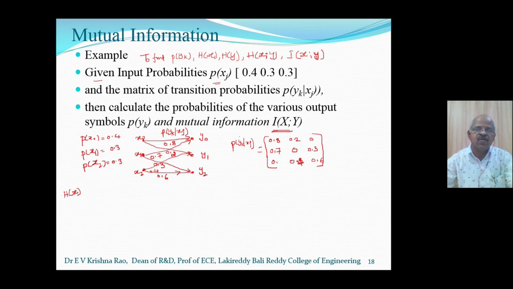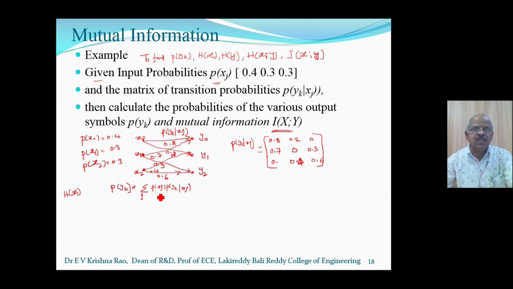Now we'll get the output probability P(yk). What is P(yk)? P(yk) equals the sum over all j of P(xj) and P(yk at xj), for all j with yk fixed.